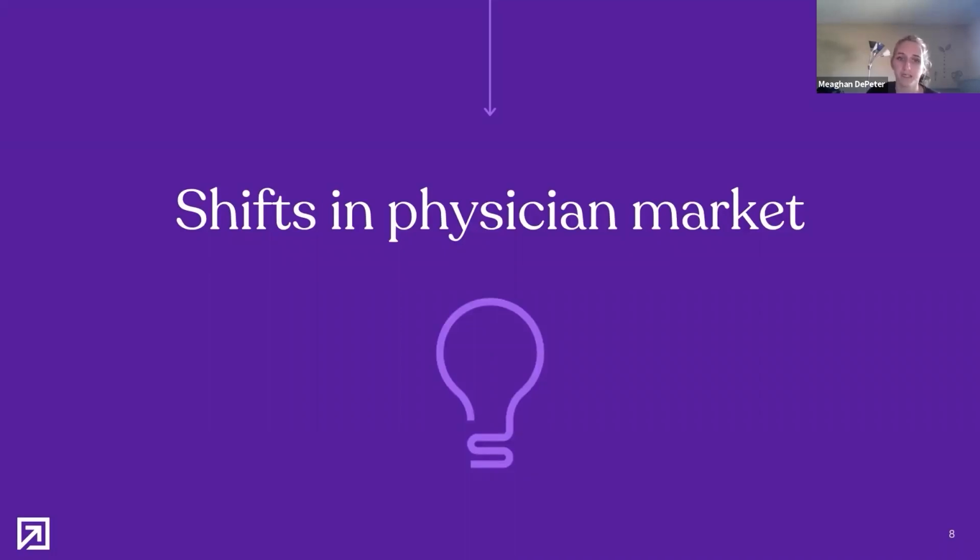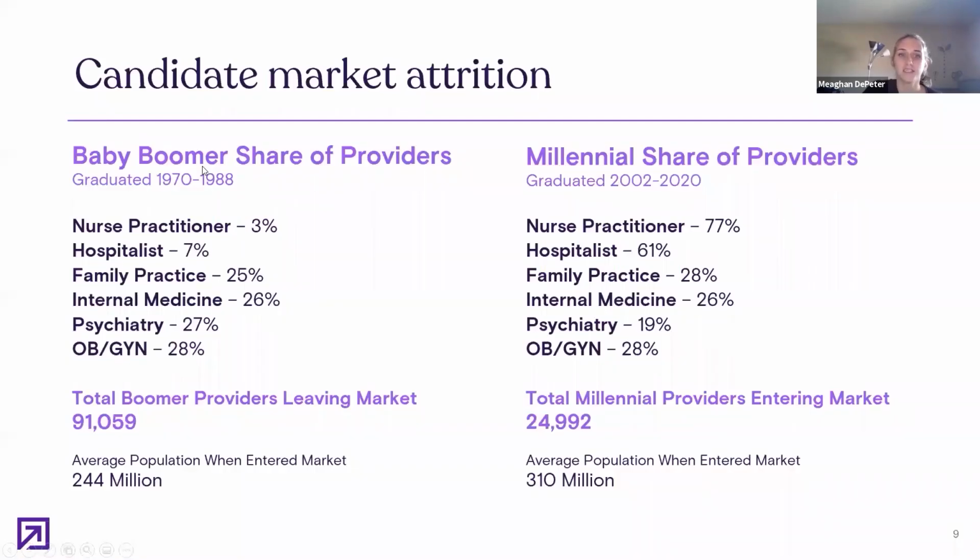Examples being family medicine, psychiatry, internal medicine, NPs, OBGYNs, and hospitalists. With fewer providers caring for more patients, the pressure to find and retain top talent will be felt by both facilities and agencies.